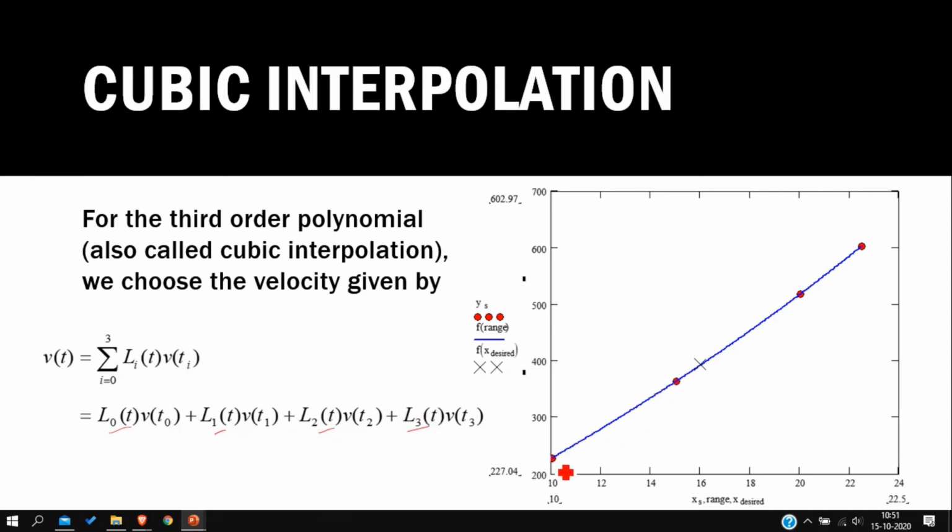So here we have these 4 points. This polynomial can be used to find the velocities between the range 10 to 22.5. So this is our T0, T1, T2 and T3, where T3 is 22.5.